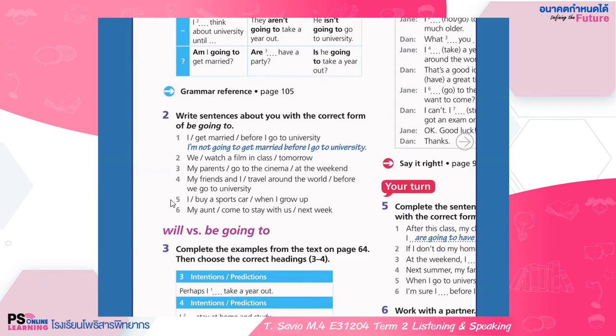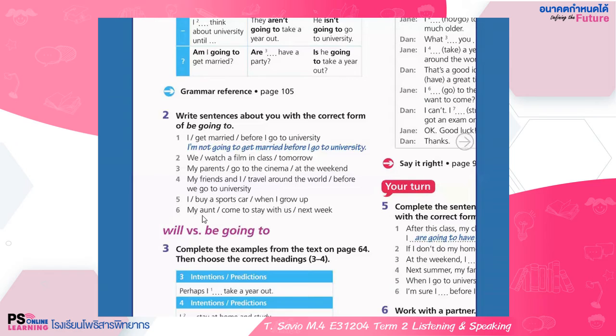Number 5. The sections are, I buy a sports car when I grow up. So the affirmative form will be, I'm going to buy a sports car when I grow up. Or the negative form would be, I'm not going to buy a sports car when I grow up. 6.